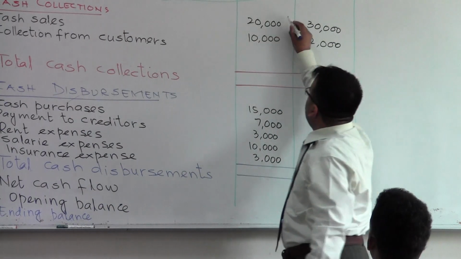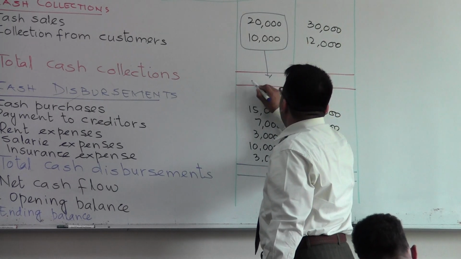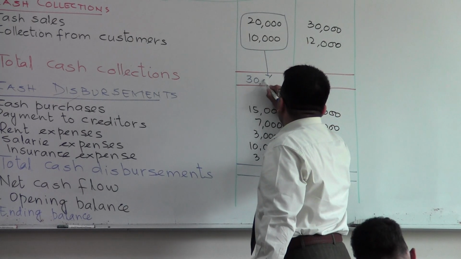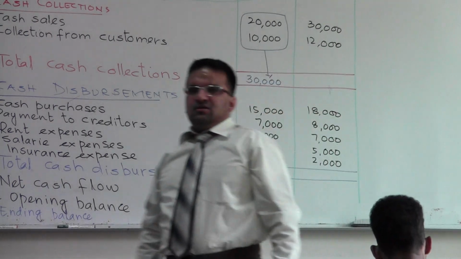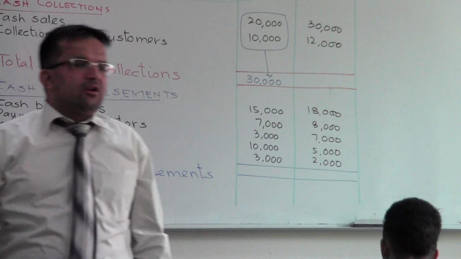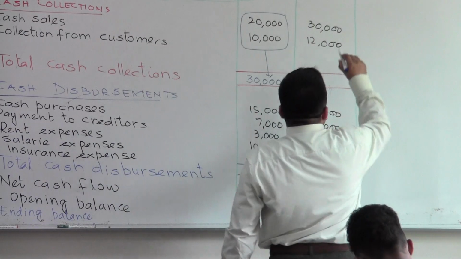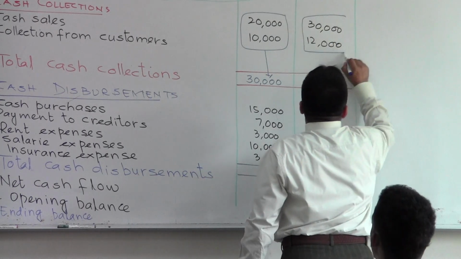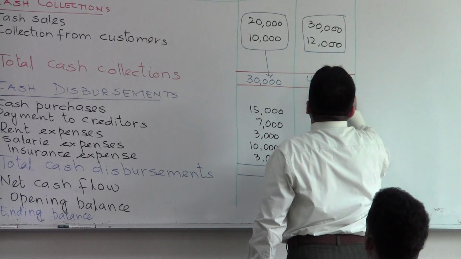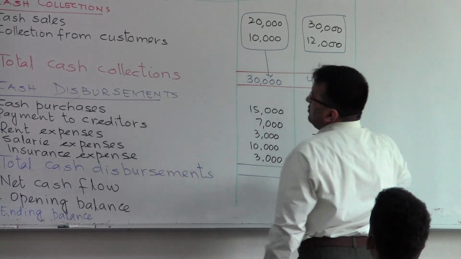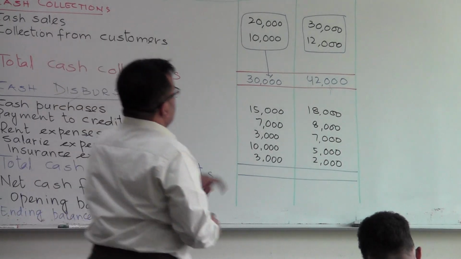20,000 plus 10,000. 30. You see the total, yani majmua, it will be 30,000 for March, and then we will have this one 42,000. 30,000 because 30 plus 12.